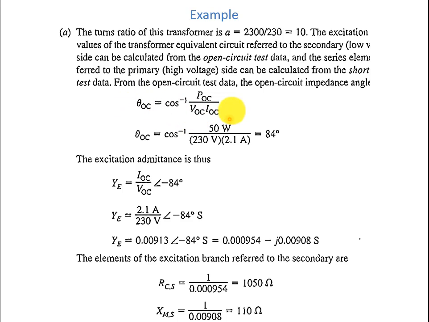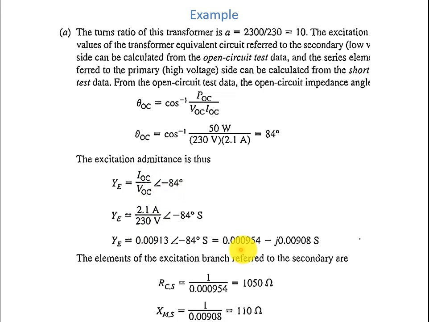Now for the open circuit test, first we need to calculate this power factor angle theta OC. So all the values are given, so it is 84 degrees. So the excitation admittance is thus IOC over VOC with the angle of minus 84. Minus is, remember, because of this inductive load.